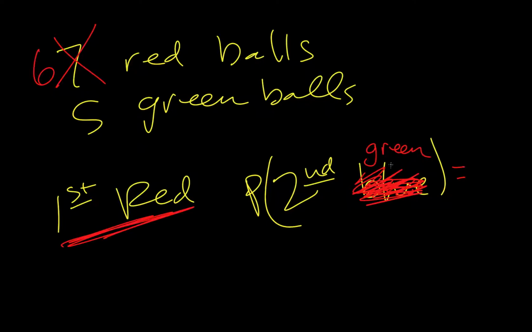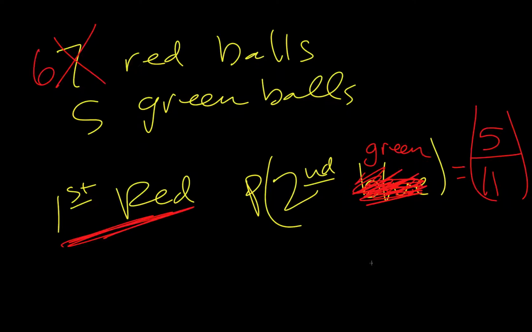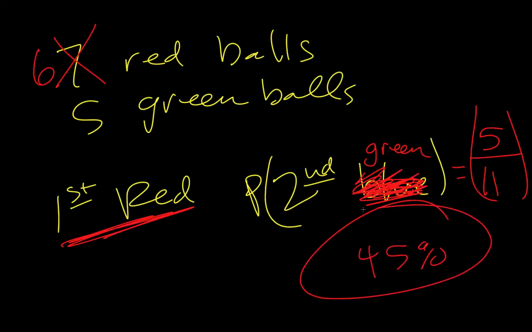Okay. The second one is green, is what we want. So there's 5 out of the total, which is 11 now because we reduced that total. And so the probability would be 5 over 11, or about 45%. Okay?